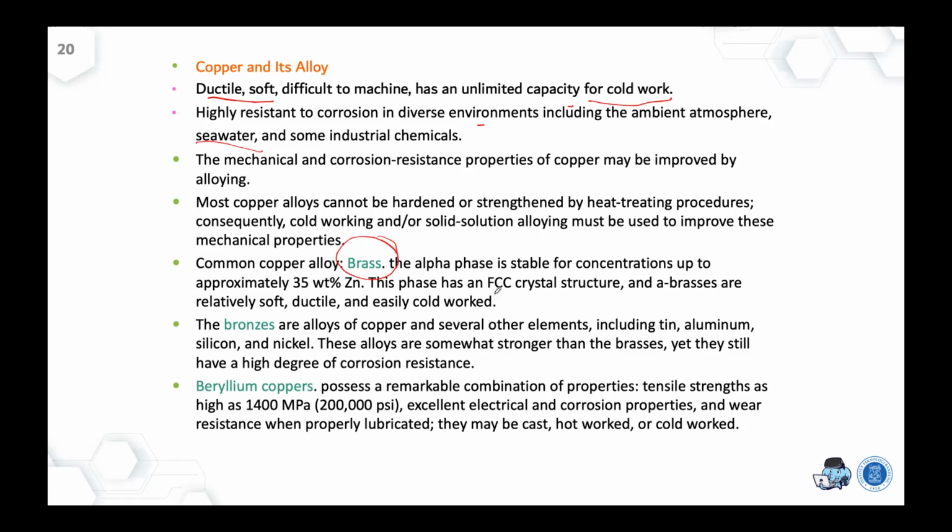It has an FCC crystal structure, and brass is relatively soft, ductile, and easily cold worked. Bronze can be alloyed with titanium, aluminum, silicon, and nickel. You can see bronze in the Olympic medals, and there's also beryllium copper, which has a high tensile strength compared to 400 for steel. So it is almost 3 times, yet more than 3 times.